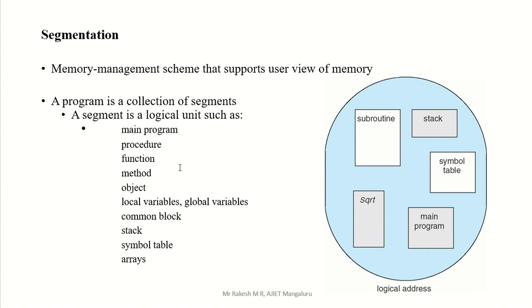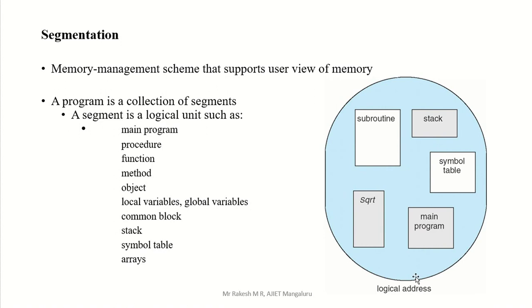Like that we are going to divide the entire process into small blocks. In the previous concept we blindly divide, that is a page. But here we have to see what content is present in your process, then you have to divide that process. That is called segmentation. Content wise we are going to divide.